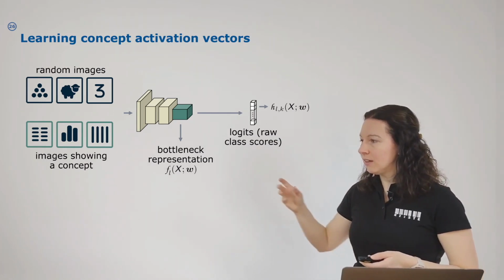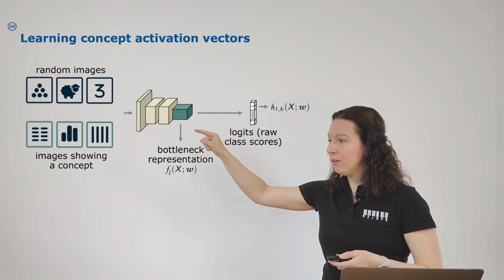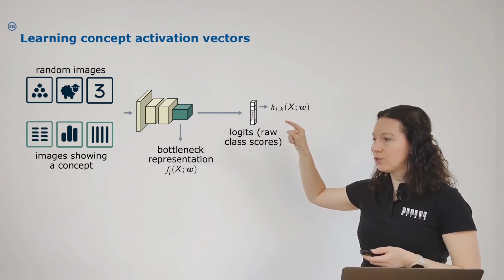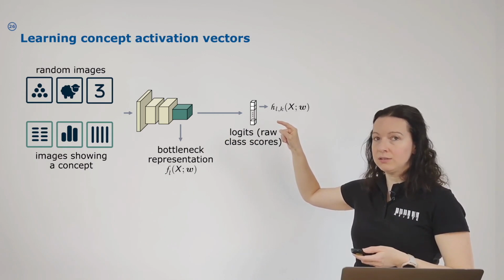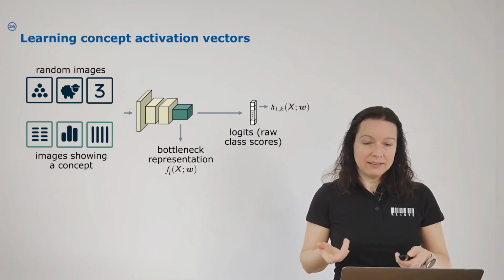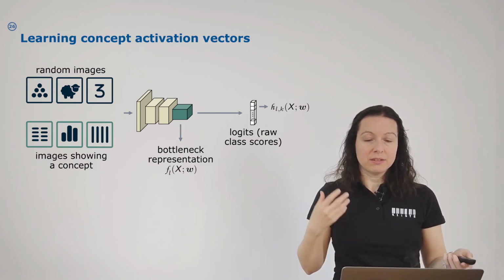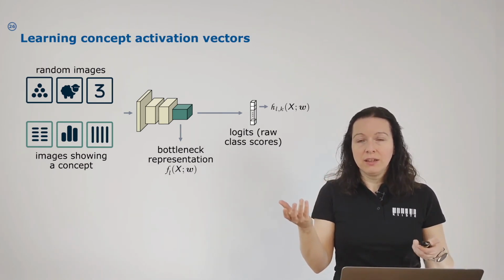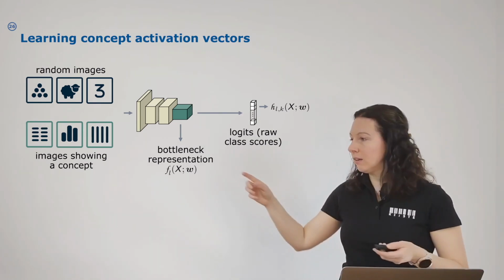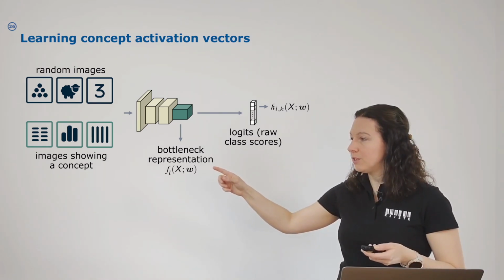So h is the function coming from this bottleneck representation to the final logits, the raw class scores. HL can be seen as the function to derive the output of the whole classifier starting from this representation here.